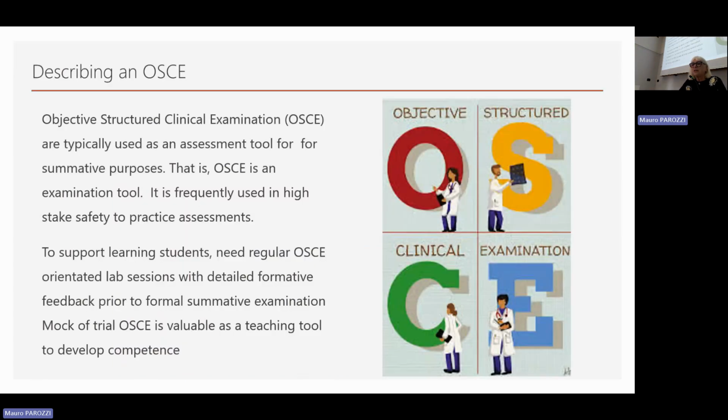So an OSCE is objective, and the reason it's got to be objective is that it's got defined criteria to try and remove the subjectivity. It's structured, and it's clinical, and it's an examination, right?